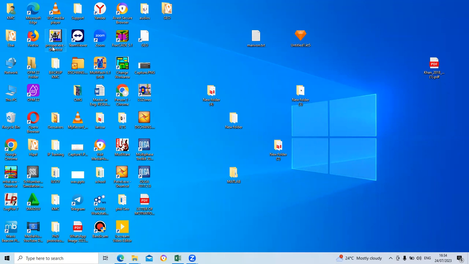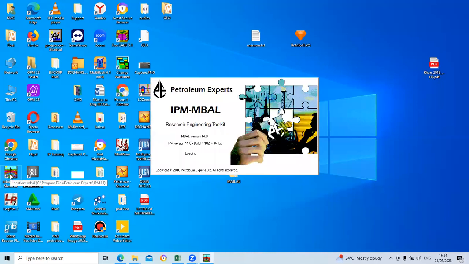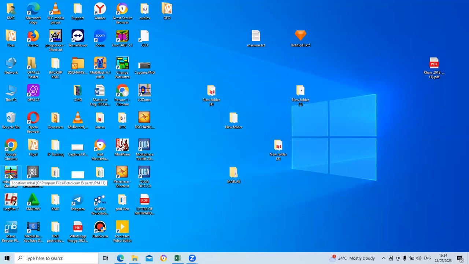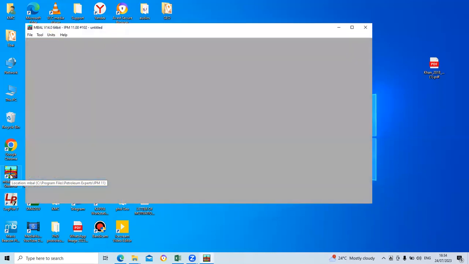That's Prosper. Okay, this is our MBAL. That's our MBAL software, used for reservoir modeling and to predict the performance of a reservoir under different energy conditions. So this is our MBAL software.